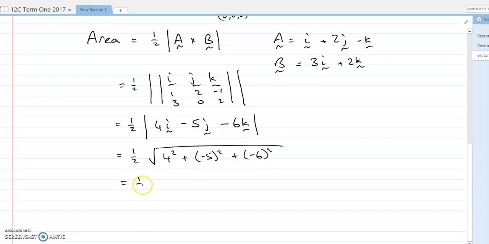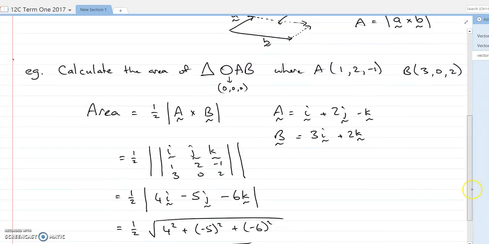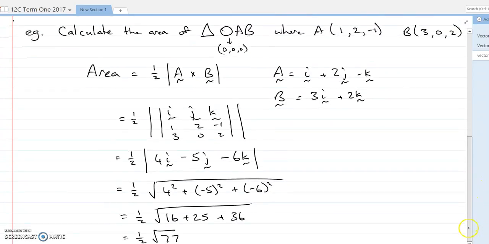Okay, so half of the square root of 16 plus 25 plus 36. That's 41, 36, 77, half the square root of 77, whatever that is. Okay, so that is the area of that particular triangle.